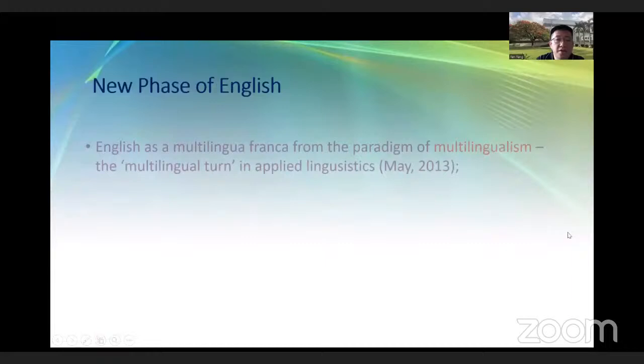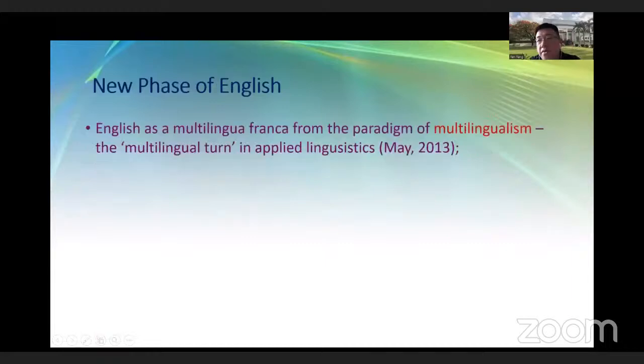So here we do not really look at English use in the so-called center, but also the peripheral use of English. The complex, dynamic use of English should also be recognized. So the new phase of English is that English is a multilingual franca from the paradigm of multilingualism.